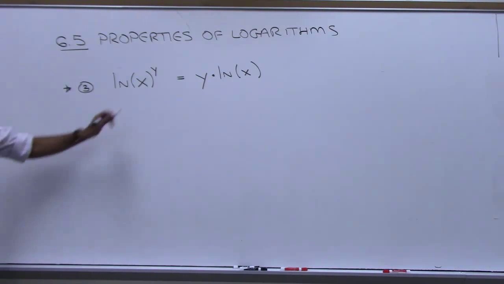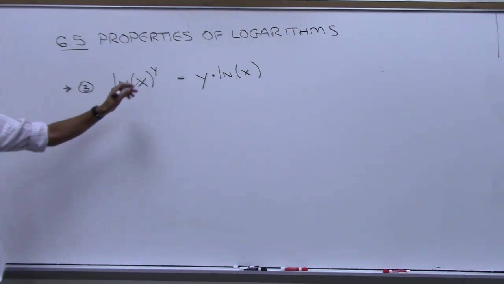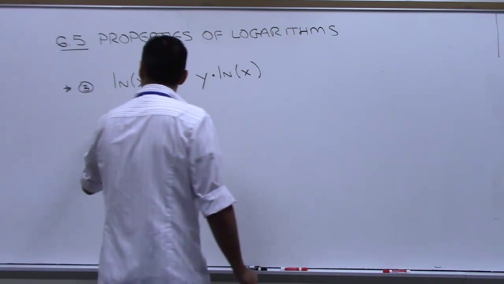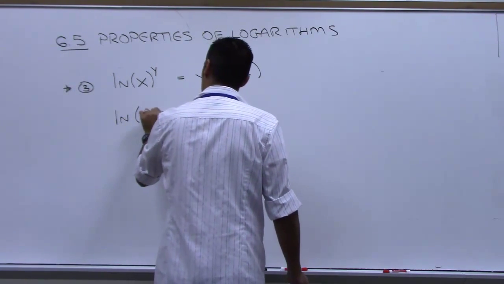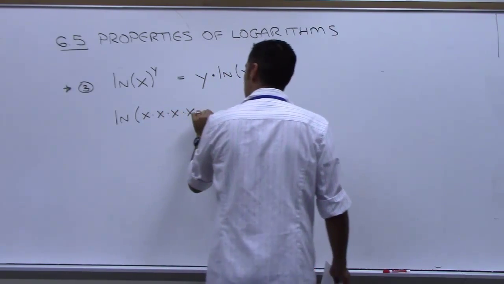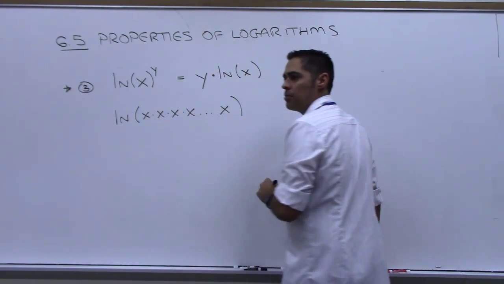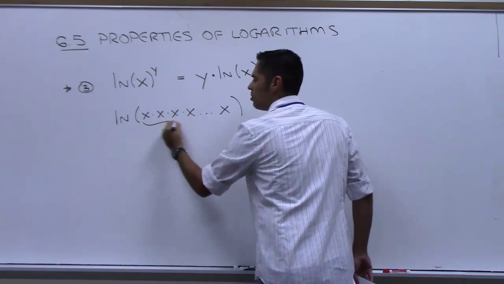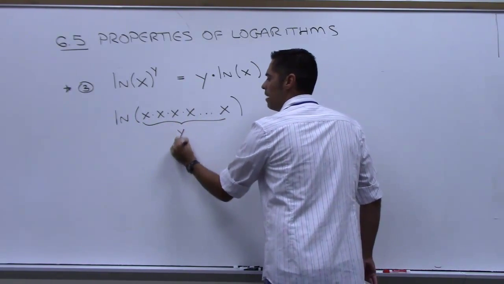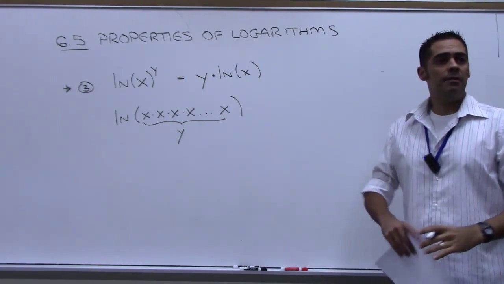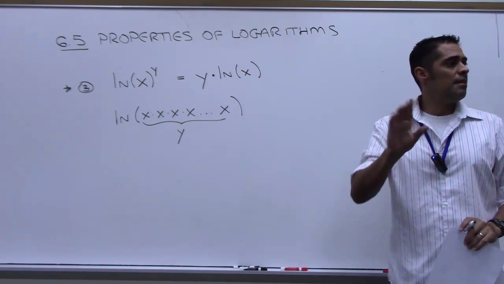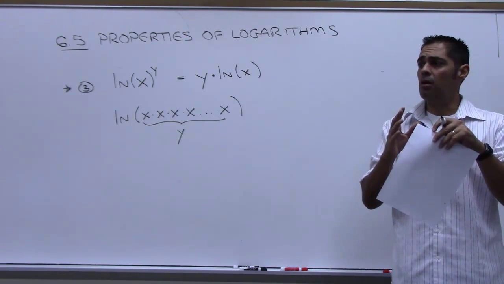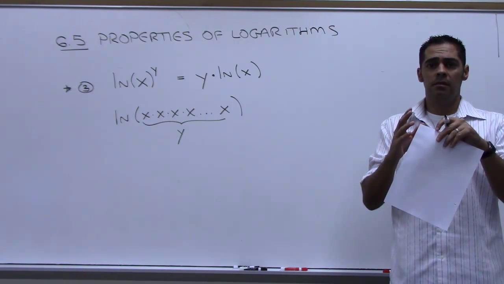We can actually do it. Watch. What does x to the y mean? This really means x times x times x times x, and I keep doing that until I get to my last x, right? And how many of these x's should I have? y of them, right? And then the first property said that if I ever had multiplication inside of a log, I could split it up into what?